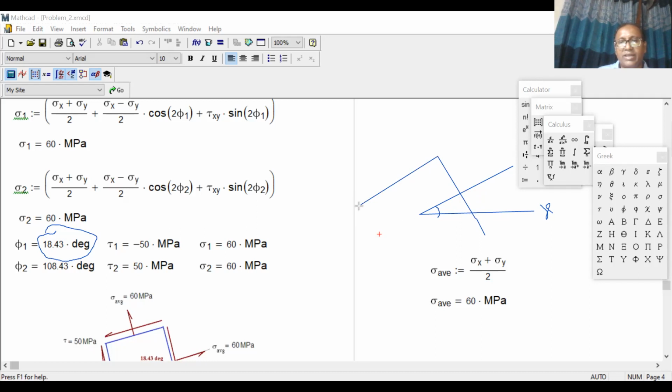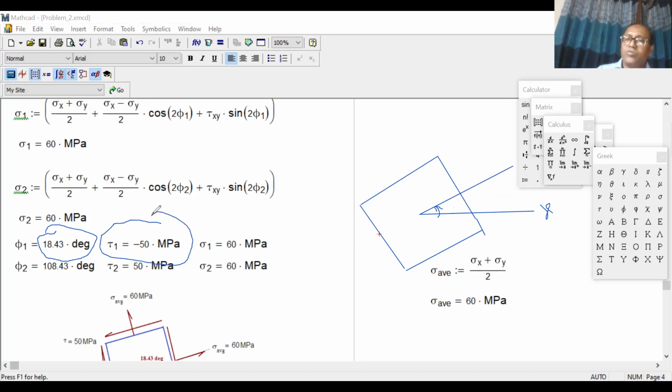So I'm just making like that, like that, then like that. Okay. Now, when you rotate anti-clockwise, and remember, when you're making anti-clockwise, you show it with anti-clockwise. Then what is the tau you are getting right over here? Minus 50.